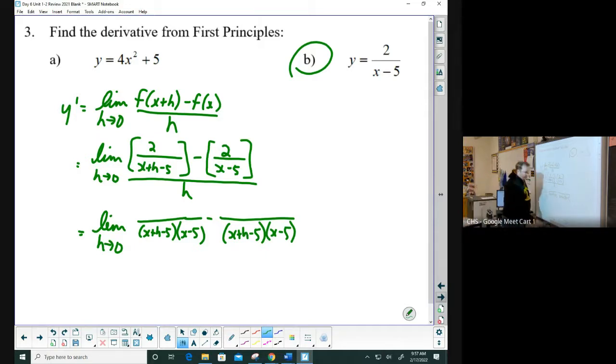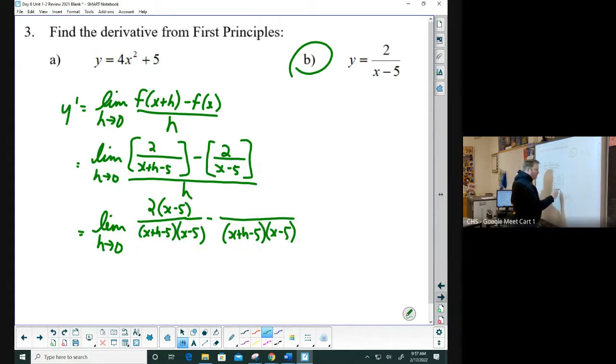But then I ask myself, what do I multiply by this to get this? And you can see it was x minus 5. And so the top has to get multiplied by x minus 5. So there's a 2 up there, and it has to get multiplied by x minus 5. Same question here: what did I multiply by this to get this? It's x plus h minus 5.